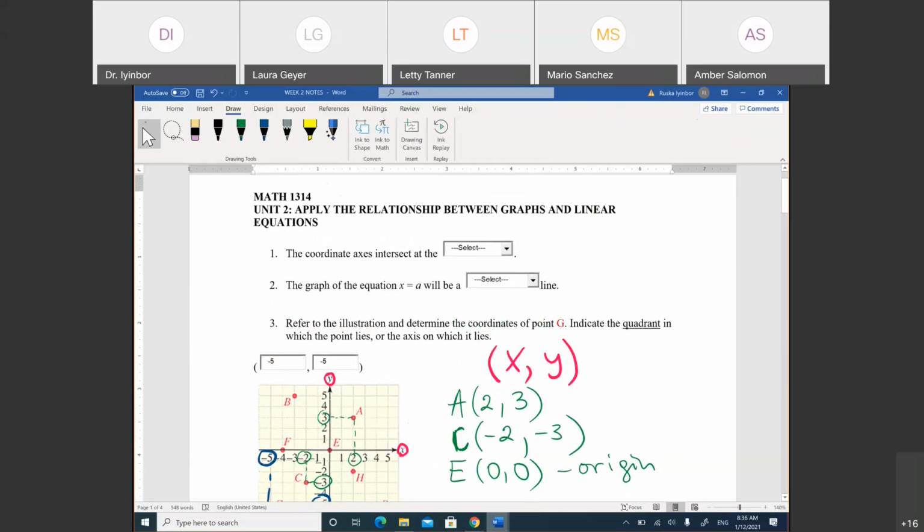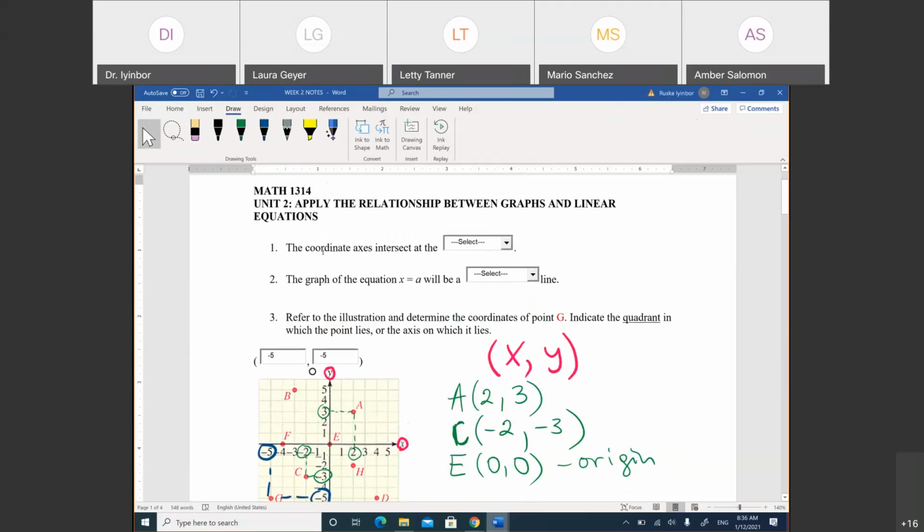So the answer for number 1, it says the coordinate axis intersect at the origin. That's what you're going to pick here, the origin. Now, let me explain what these terms mean. Quadrant, I'll explain in a minute. X-axis is the horizontal axis, y-axis is the vertical axis. Intersect means cross each other. Okay, so the answer here is origin.